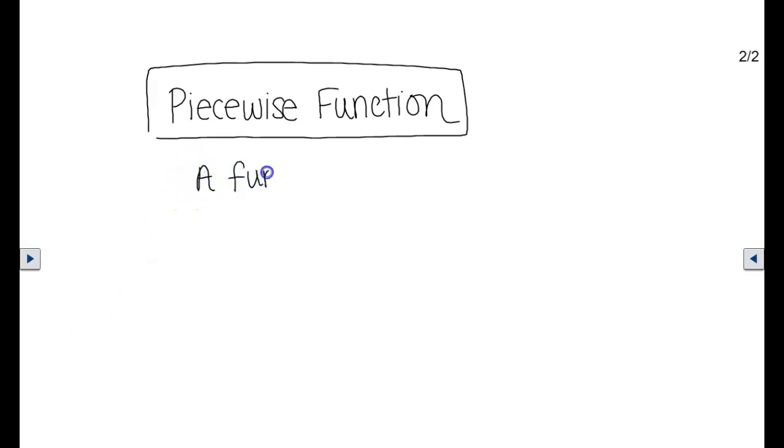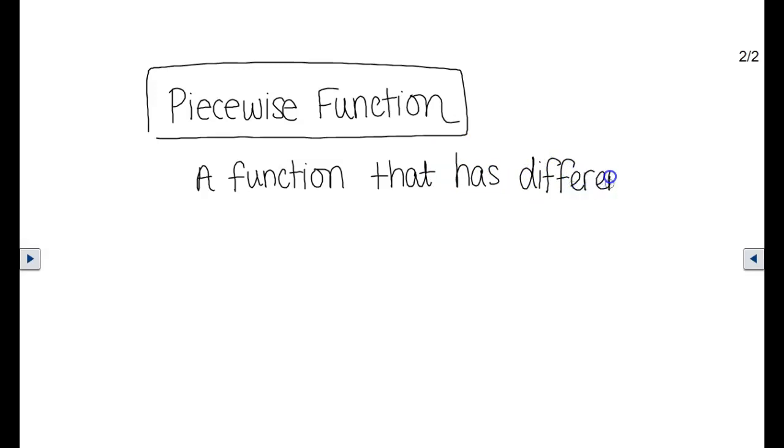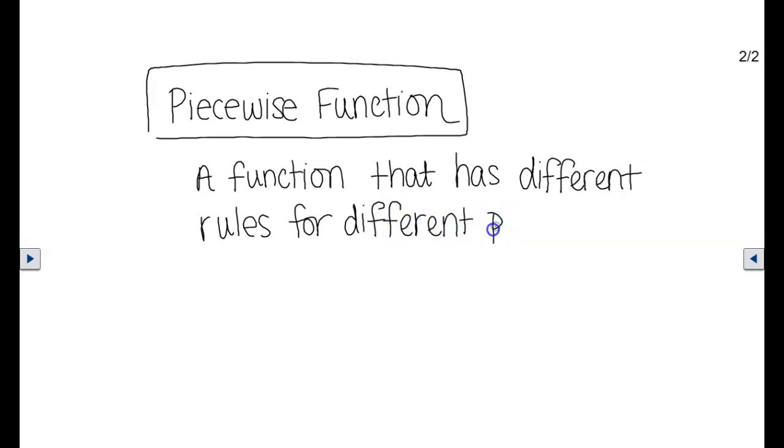A piecewise function is a function that has different rules for different parts, or pieces, let's say it that way, of its domain.